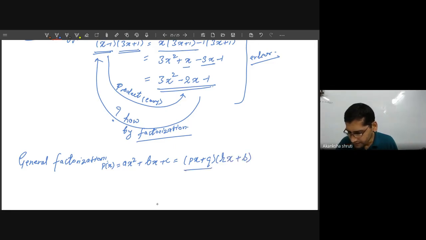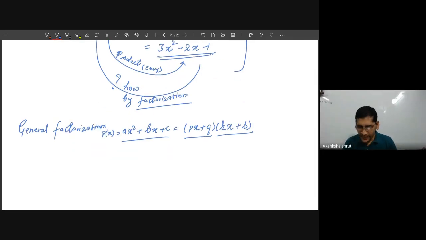These are the two factors. Student, how to do this? For doing this, there is a method.